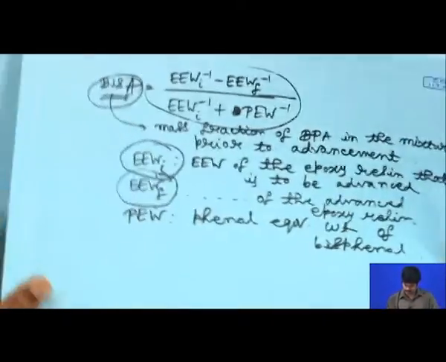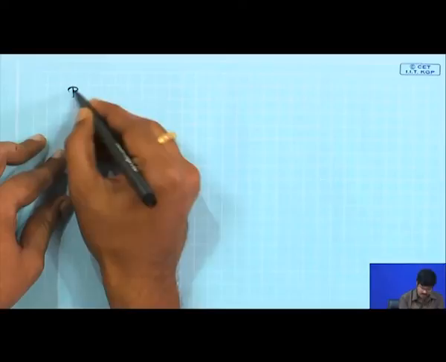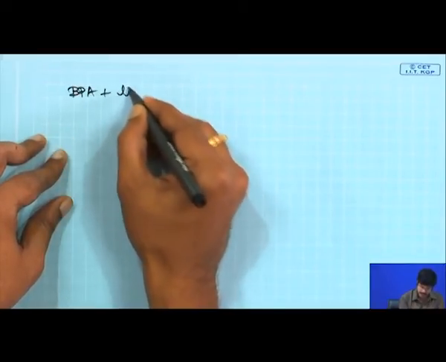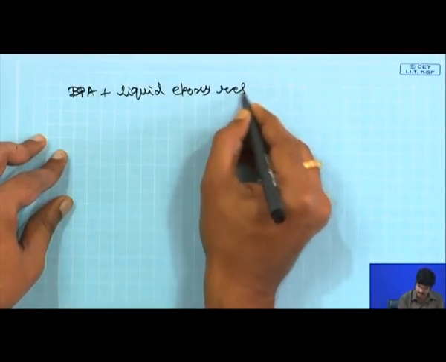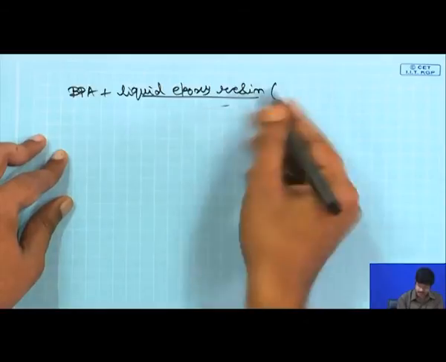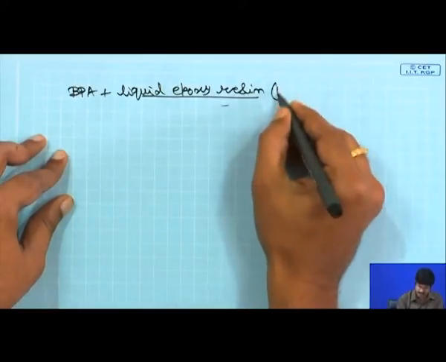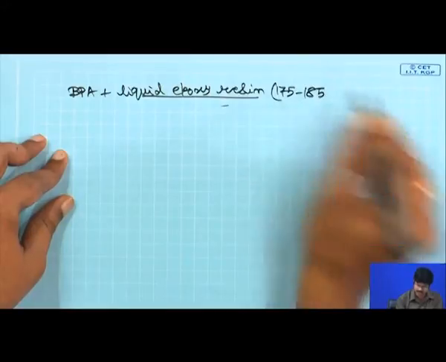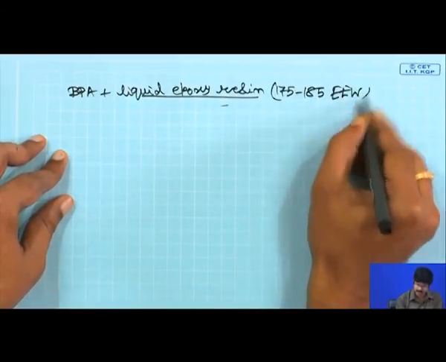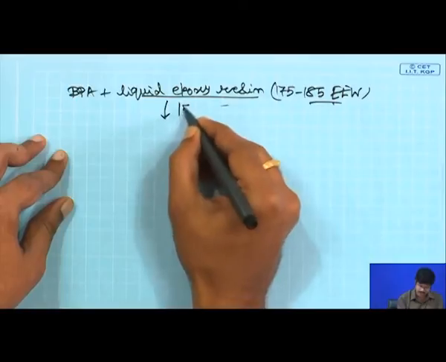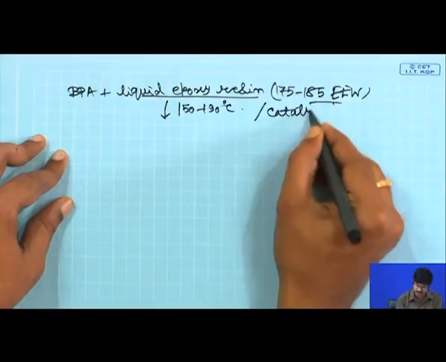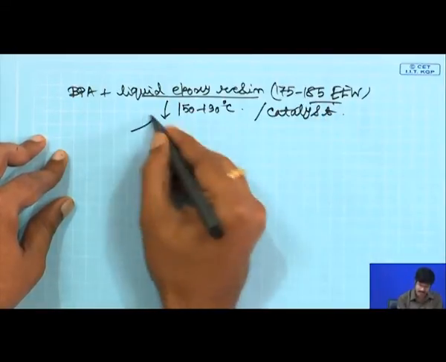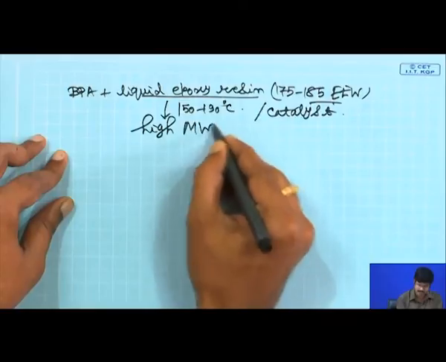So, basically what you do in your advancement or fusion process, you take your bisphenol A and the liquid epoxy resin, you take the mixture, and this liquid epoxy resin will typically have an epoxy equivalent weight between 175 to 185, all right, and then you heat it up to between 150 to 190 degrees Celsius, in the presence of a catalyst which is often called an advancement catalyst, and then you get your high molecular weight resin.